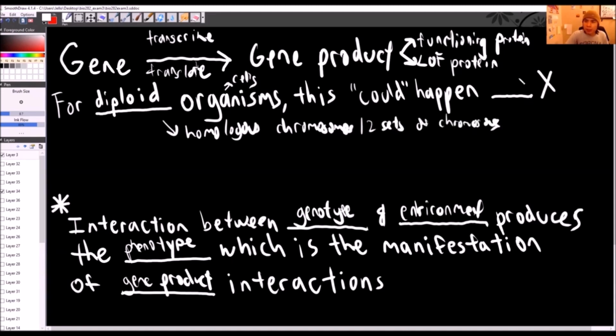Because we have two homologous chromosomes, that means we have two possible alleles because they share the same kind of gene type. So each allele could be expressed and produce its own gene product. So each allele can be transcribed and translated to produce that gene product, and that would happen twice for each organism or for each gene.